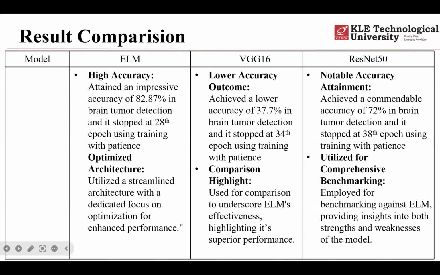This is a comparison analysis for different models that we used. Our ELM has a high accuracy, VGG has a lower accuracy outcome, and ResNet has a notable accuracy.